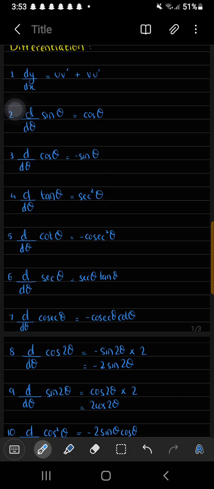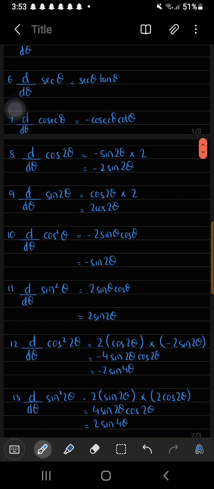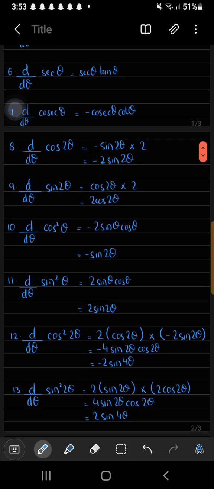Then differentiation of sec theta becomes sec theta tan theta. Then differentiation of cosec theta becomes negative cosec theta cot theta. Then differentiation of cos 2 theta becomes negative 2 sine 2 theta, and differentiation of sine 2 theta becomes 2 cos 2 theta. Then differentiation of cos square theta becomes negative sine 2 theta, and differentiation of sine square theta becomes 2 sine 2 theta.